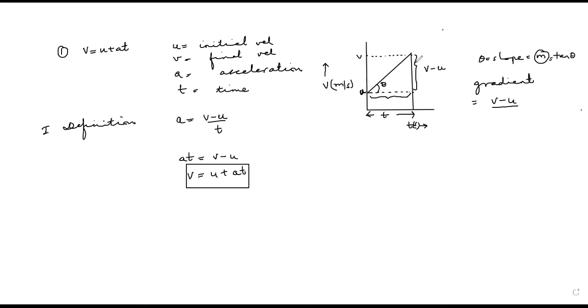So perpendicular is v minus u, and the base comes out to be t, and the gradient of the velocity time graph gives us a. All right, so we get a from here. Now a times t is v minus u. Again, we will rearrange, and we are going to get the expression like this.